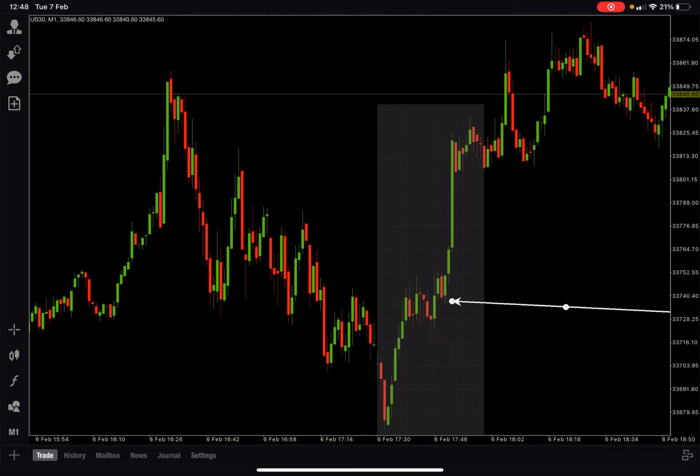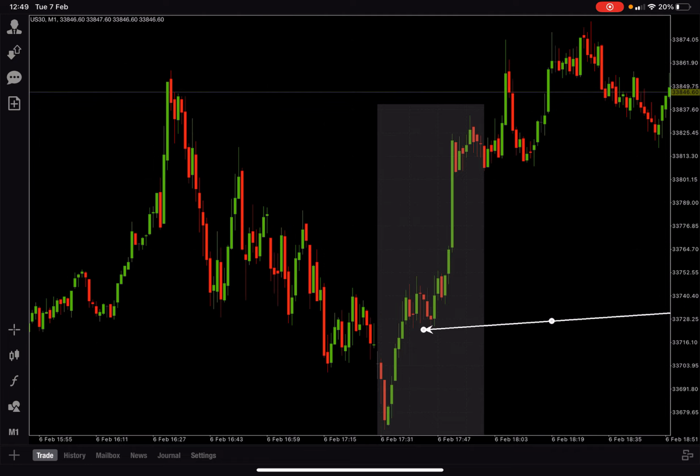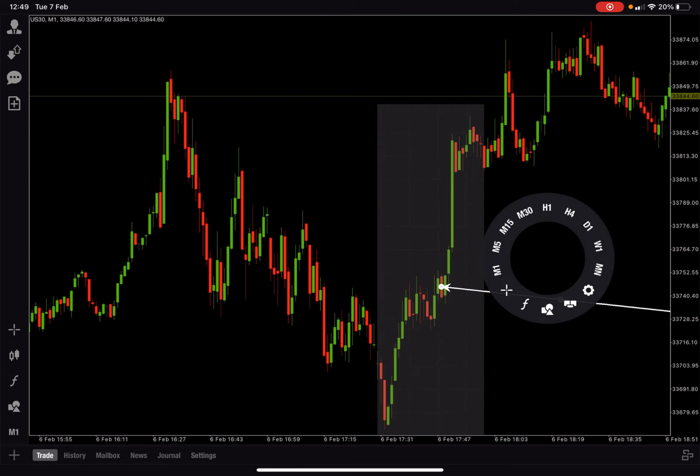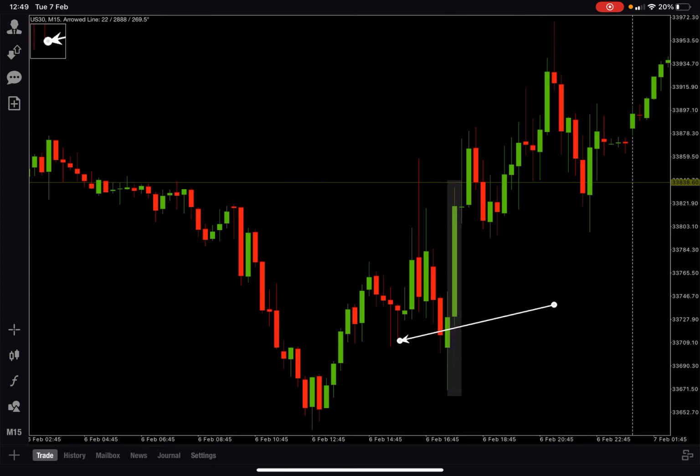So that is matching the smaller time frame with the higher time frame pattern. You can see we got two entries, and that is matching this 15-minute same pattern. So it's liquidity, goes down, collects that liquidity, and rejection to the upside.